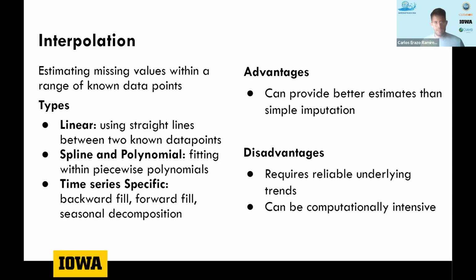Interpolation. Interpolation is the process of estimating missing values within a range of known data points. Again, there are many ways of interpolating data sets. I'm just listing here the most common ones. Linear interpolation is very simple.